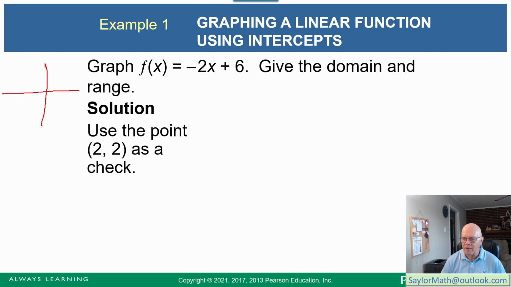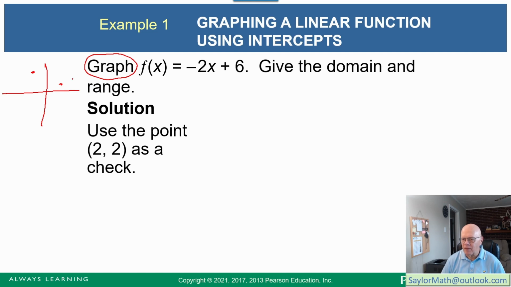If you're graphing a linear function and you get 2 points, you think, okay, I'll just connect those with a straight line, done. However, if you've made the slightest mistake and one of these is incorrect, then you got the wrong line.